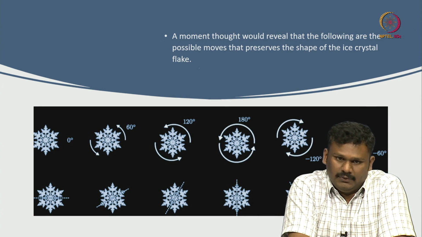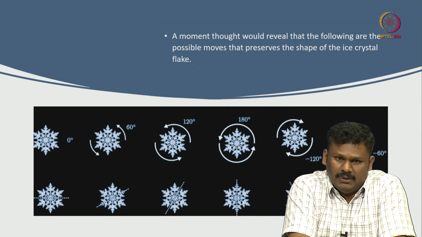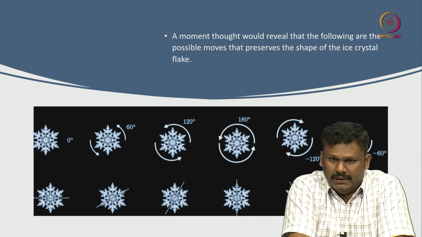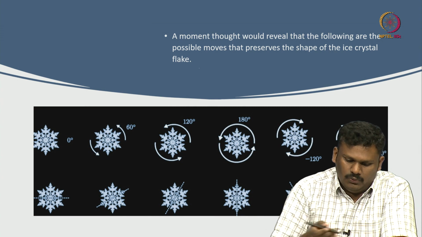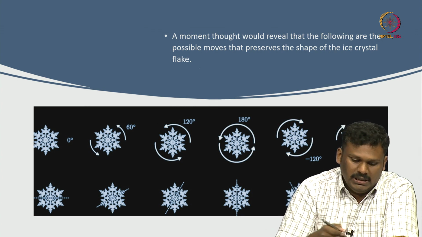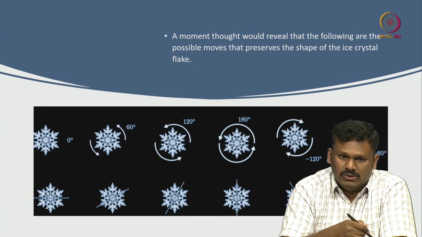It will be very clear what the n stands for, and why I want to call it D2n instead of Dn. When we introduce the dihedral group, we will explain why we get exactly all these possible moves. At least one part is clear and easy to see: these moves leave this particular ice crystal flake invariant.